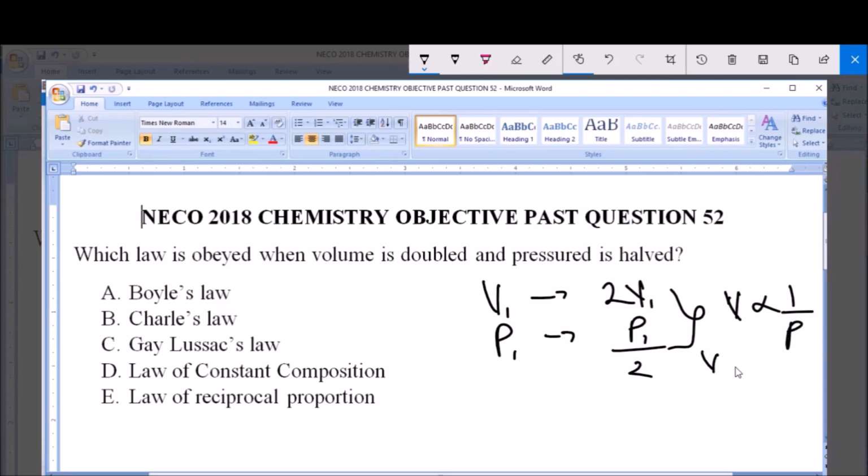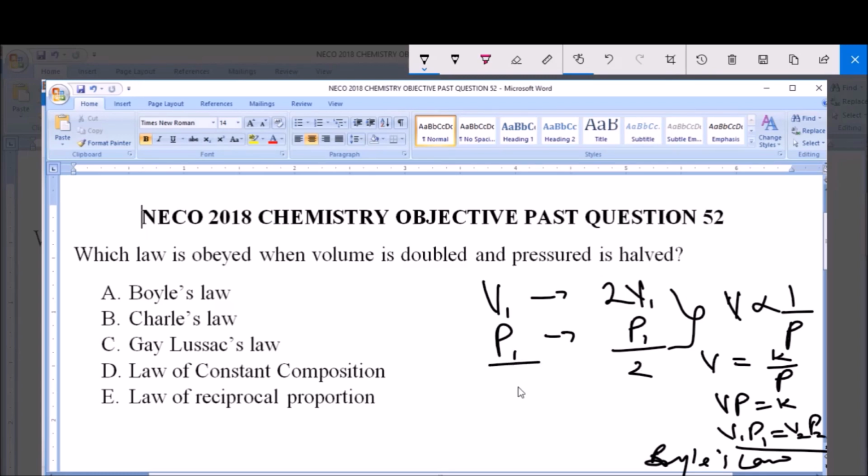Thereby we will say V is equal to K, introducing a constant, over P. And so therefore we say VP is equal to K, and therefore V1P1 is equal to V2P2. Now looking at this statement, this is Boyle's law, which states that the volume of a given mass of gas is inversely proportional to its pressure, provided that the temperature is constant.